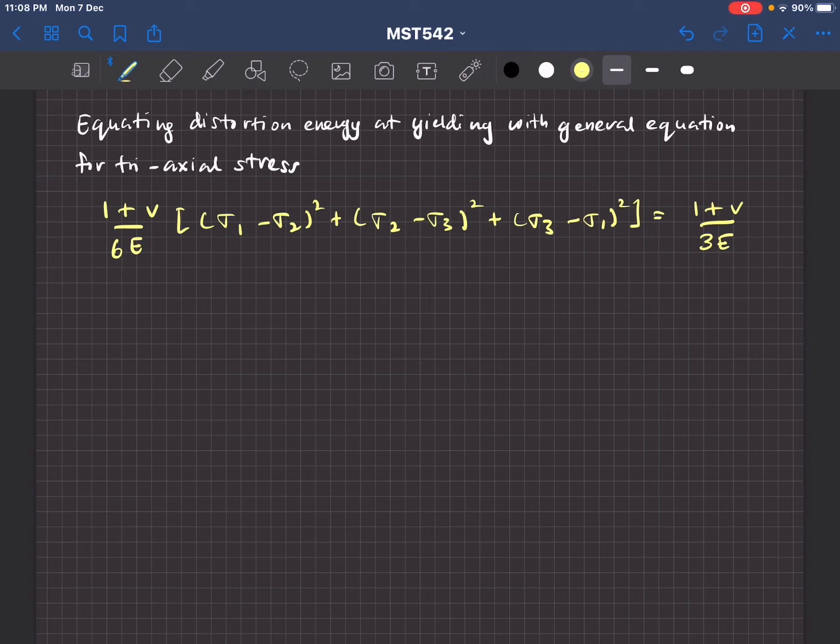And we can further simplify both sides into this. So now we can take the square root of both sides.